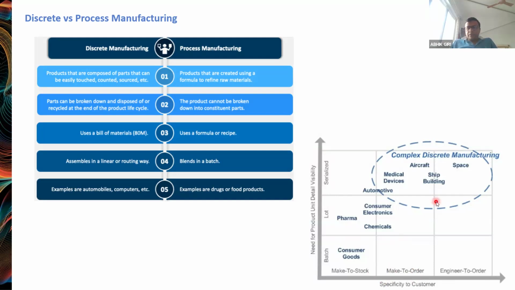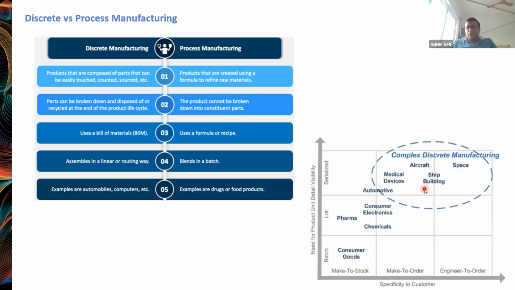And at the topmost position in the pyramid is what we call complex discrete manufacturing. These are manufactured only when the customer specifies the exact details. For example, medical devices, aircraft, ships, which are obviously not produced in hundreds of units every day.